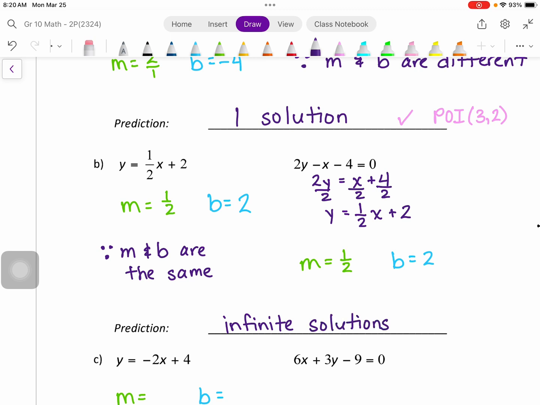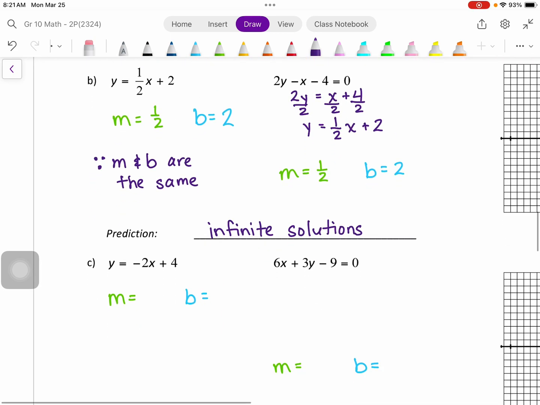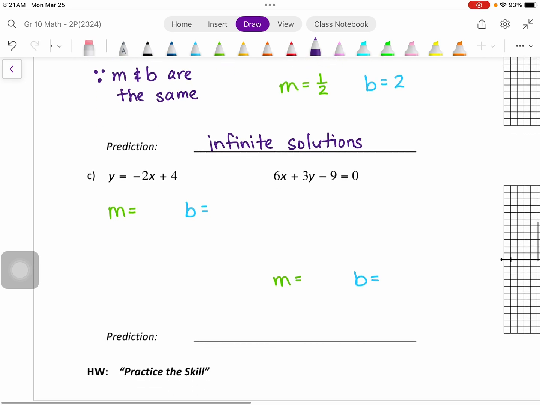So the two lines will lie right on top of one another, and every single point along the line is a solution. It's a point of intersection. It's a point where one line touches the other. So you can graph those two to see. And then we have one last question here.